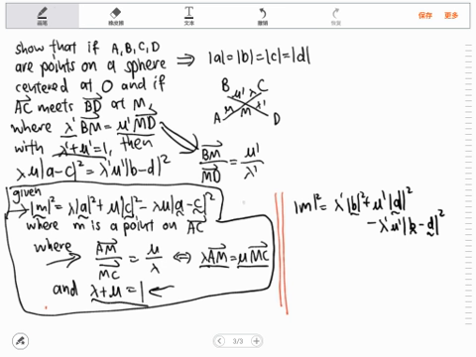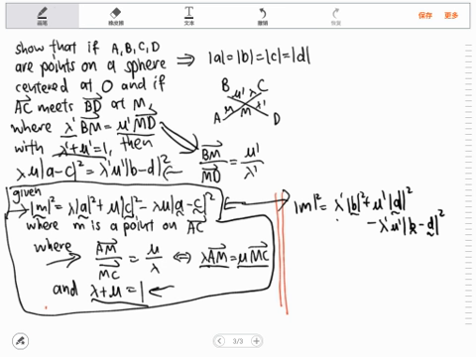So we can apply this formula for BD. I replace A with B and C with D, and λ and μ with λ′ and μ′ respectively. So I get this equation.